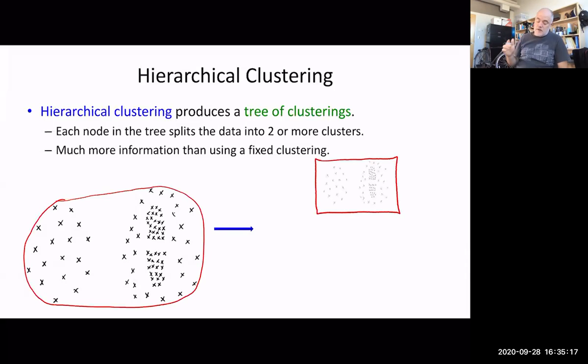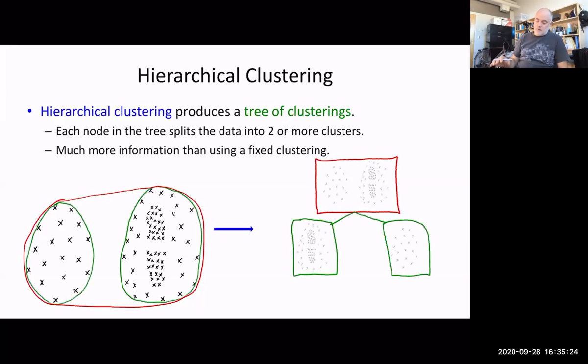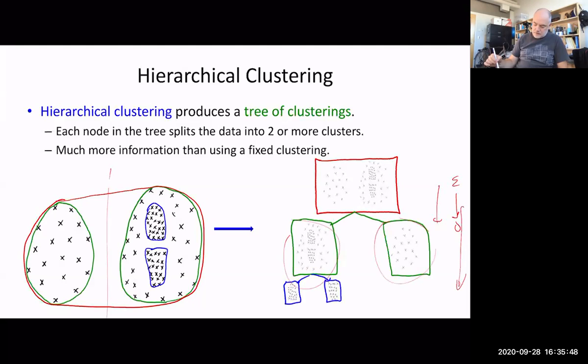Let's look at what a hierarchical clustering would look like for data like this. To start, here's the simple cluster: everything is in one cluster. Then let's think about decreasing epsilon. As you decrease epsilon, this would separate into two clusters, and here's a tree: right side, left side. As you continue to decrease epsilon, going to 0, this one would split into two clusters as well.